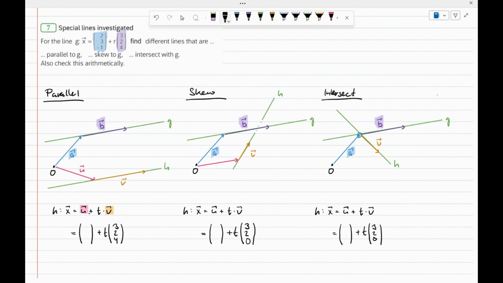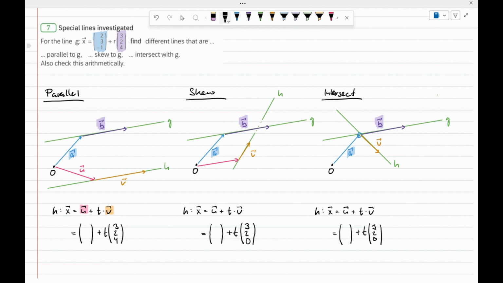For the position vector, all we need to make sure is that the position vector, in this case u, doesn't point to a point on the line G. Because if it would point to a point on the line G, then the line H would be identical with G. And we can achieve that by choosing any point randomly.